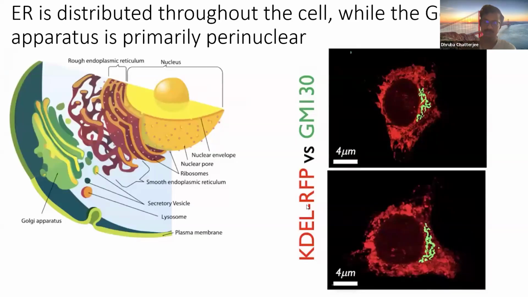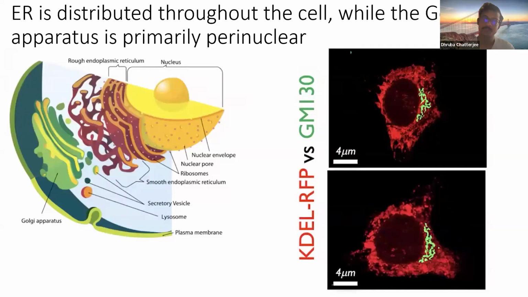KDEL is an amino acid sequence which is very characteristic of the ER resident proteins, and the cell has a very nice machinery of bringing these proteins back to the ER. So these proteins are always trapped specifically within the ER. Thus, by seeing the localization of RFP, which has this ER localization sequence, you get to see the status of the endoplasmic reticulum within the cell.